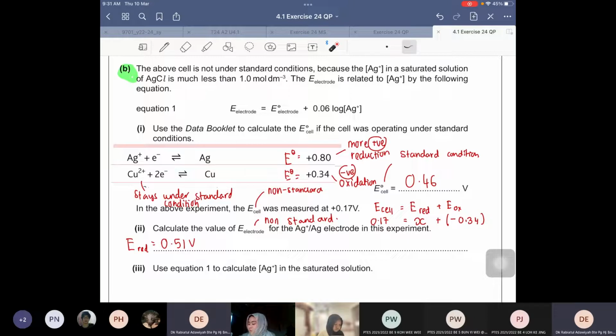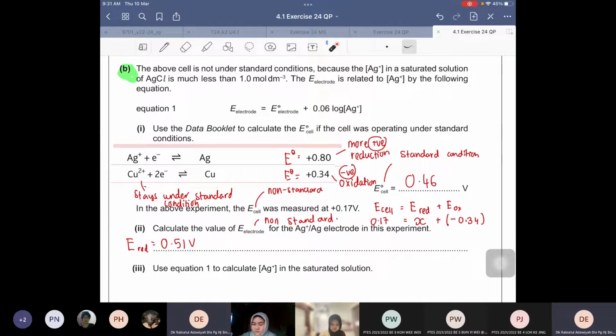Basically, we want to know the effect of increasing the concentration. I like to do this question because this is a question where students always make mistakes. So the next question, 21A, part 3.